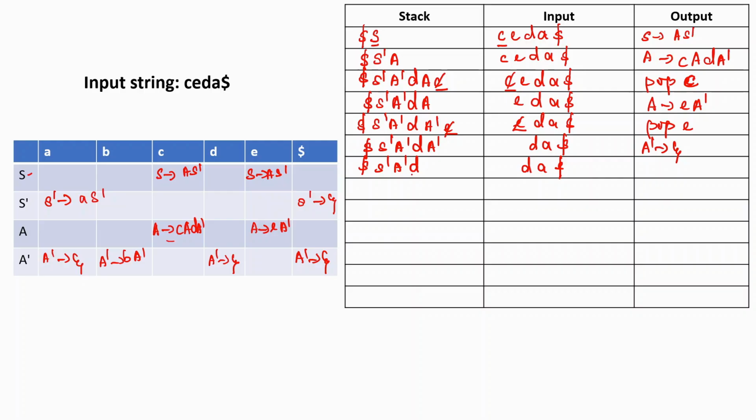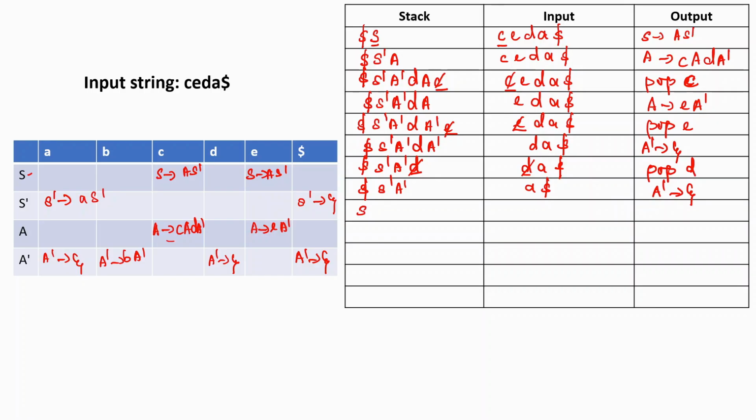Now the stack top symbol and the input symbol are both the same, so we have to pop the symbol. The remaining stack is S dash A dash and the input symbol is A. Go with A dash and A; again it is empty.